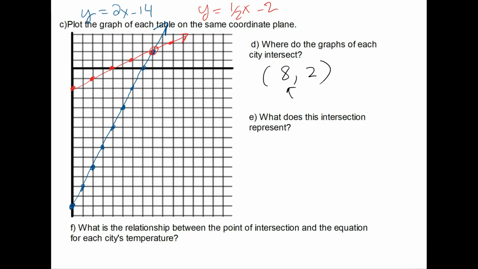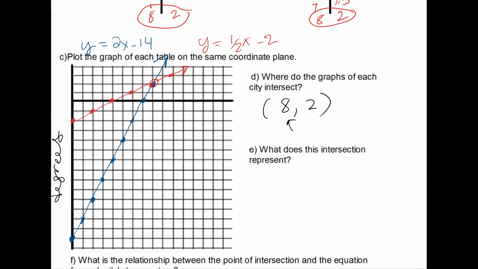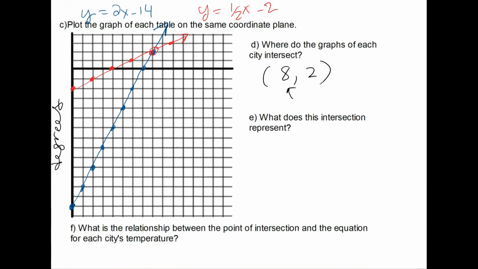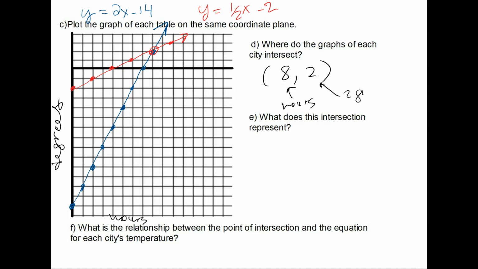What does this intersection represent? Oh, y'all, we forgot the labels. This axis is degrees, and the other one, what was it? I'll scroll up and see. Hours. So at 8 hours, 2 degrees.